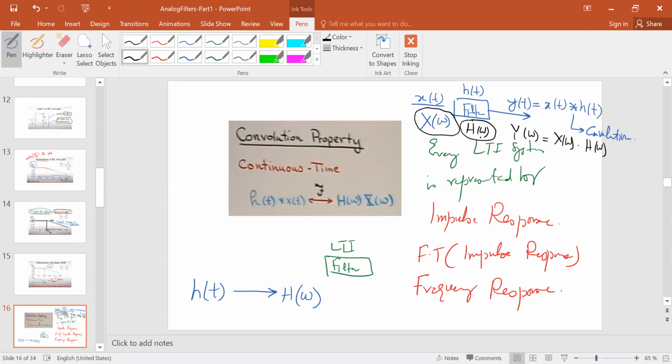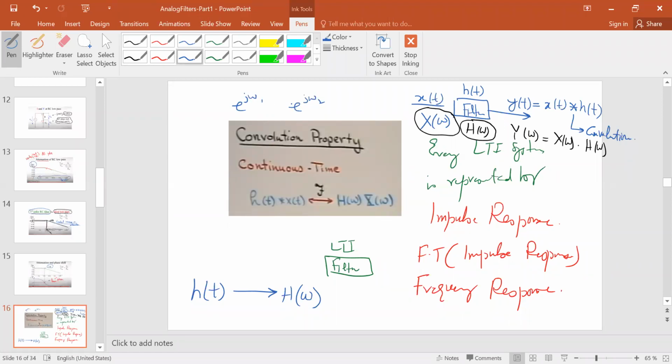Now, this gives you a very good explanation of how the filter works. If you decompose your input signal into an exponential Fourier series or Fourier transform, you will get some exponential components: e to the power j omega 1, e to the power j omega 2.